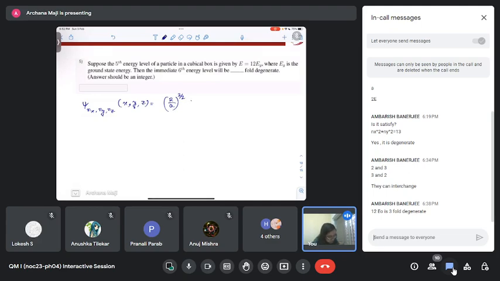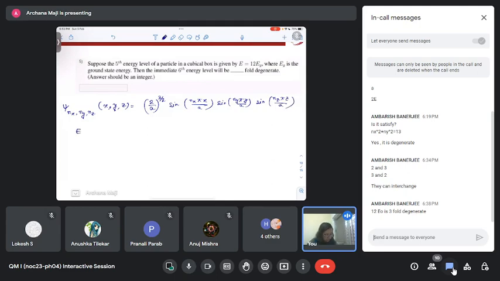So the wave function is sine nx pi x over a, sine nz pi z over a, and the energy spectrum is nz h cross square pi square divided by twice m a square.